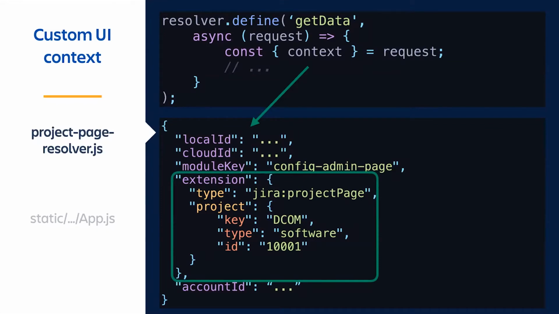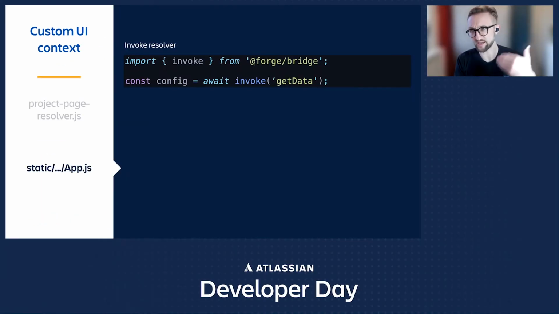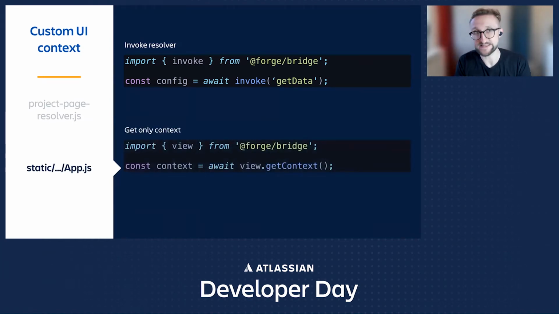And to fulfill our journey from resolver, we have to invoke it from the custom UI, so we can consume the data which is returned there. As you see, I'm just invoking the resolver that I previously described. There is also a super fresh update in custom UI from early May, which is the getContext method.